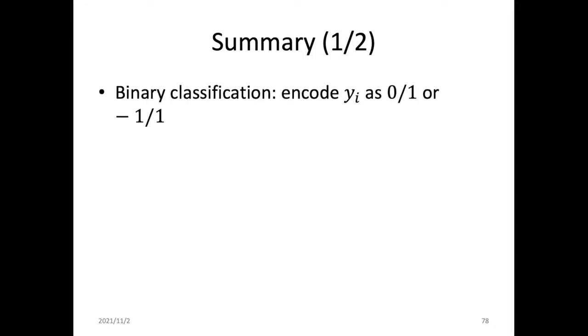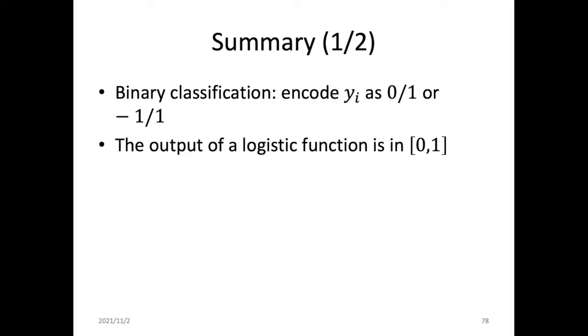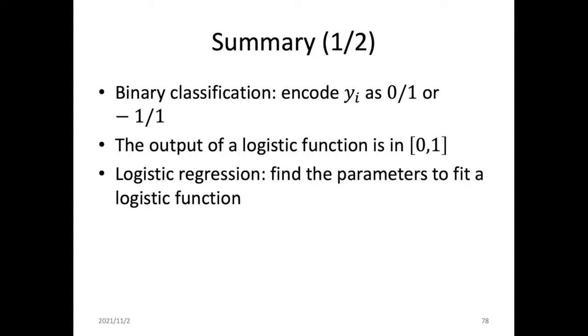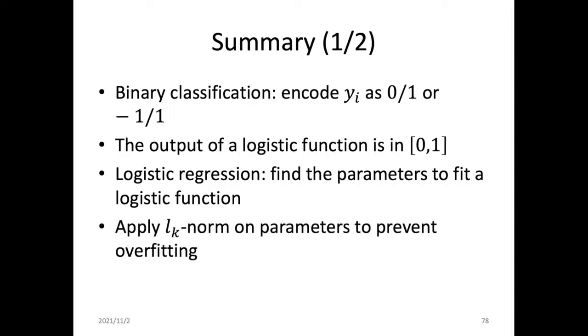Okay, let's summarize what we have learned. For binary classification, we encode yi as 0, 1, or -1, +1. And if we use logistic regression, then the output should be between 0 and 1, so you are encoding the yi's to be either 0 or 1. Logistic regression is trying to find the parameters to fit the logistic function, which is an S-shaped function.